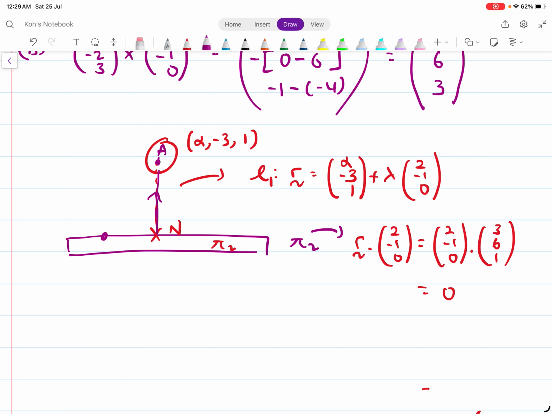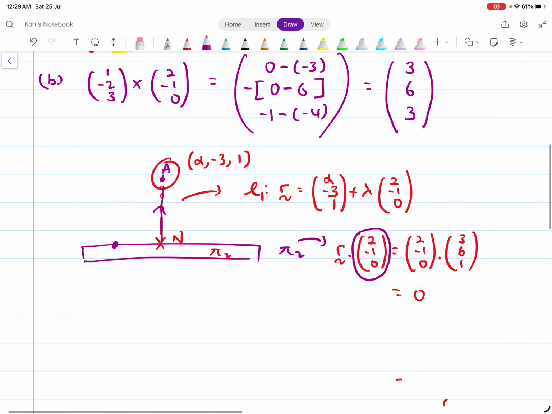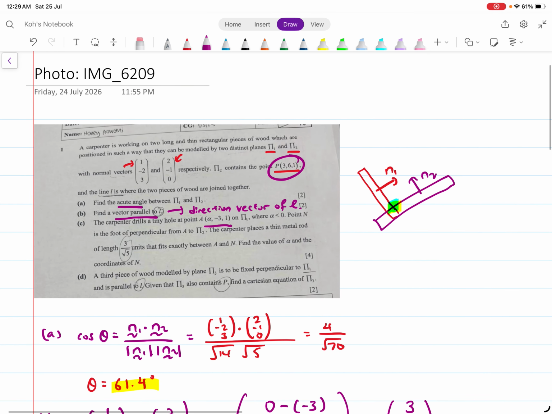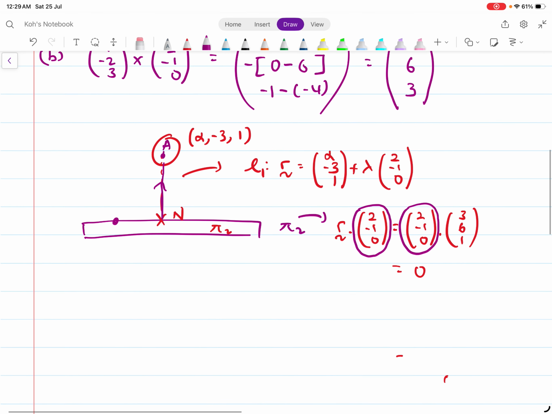Then with this I form the scalar dot product of plane 2. The dot product will be r dot (2, -1, 0), because this is your normal vector, equal to a dot n. Then you dot product with any position vector lying on plane 2, which is (3, 6, 1), given. You do the calculation and you will get 0.